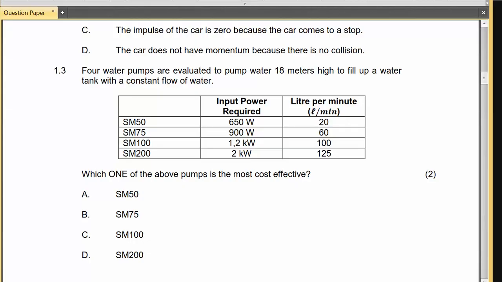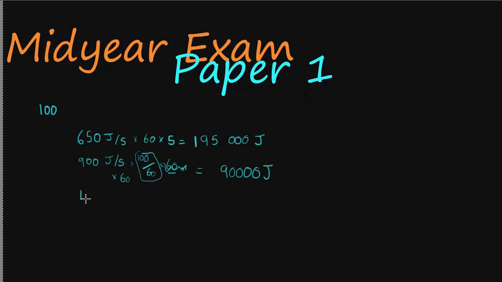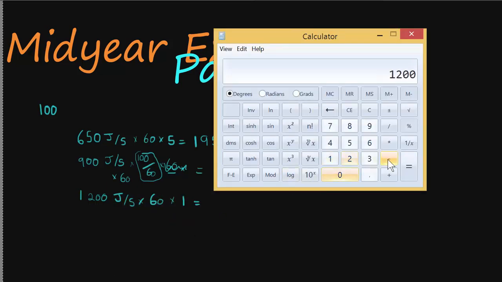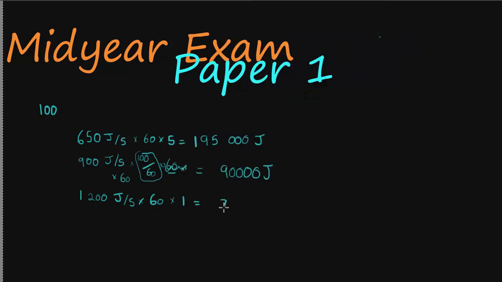The next one is 100 liters per minute and 1,200 kilowatts. So that's 1,200 joules per second times 60 to convert it to minutes, and it does 100 liters per minute. I'm just going to run it for 1 minute, and 1,200 times 60 is 72,000 joules.